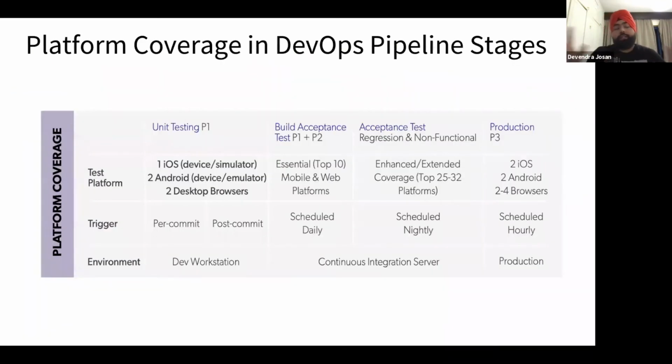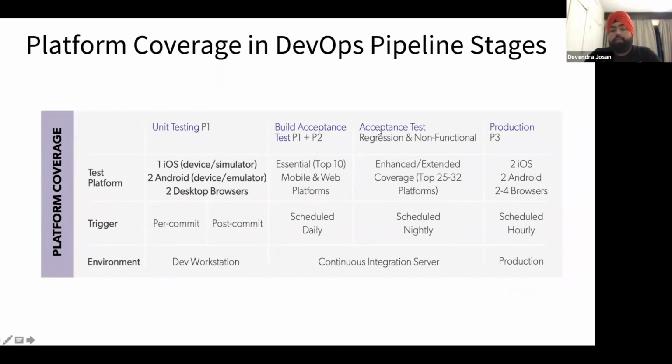And once you are done with your selection of devices, this is how your typical DevOps pipeline should look, considering the different stages. For unit testing, we can include simulators and emulators of all types, iOS or Android. Then for acceptance testing, meaning your regression or functional tests, you should include your essential top 10 devices and schedule them daily so that you get proper feedback at the earliest.